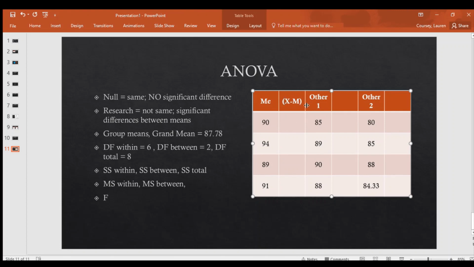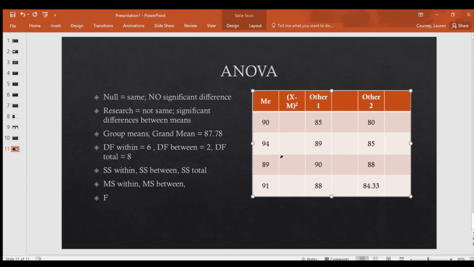So x minus the mean, and we're going to square that. You should, at this point, be fairly familiar with this calculation, right? So x minus the mean squared.